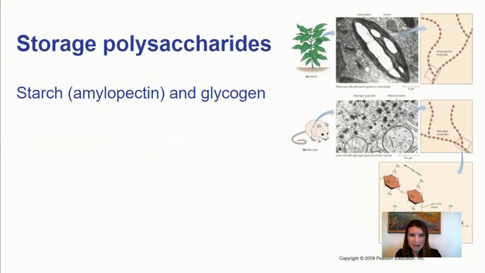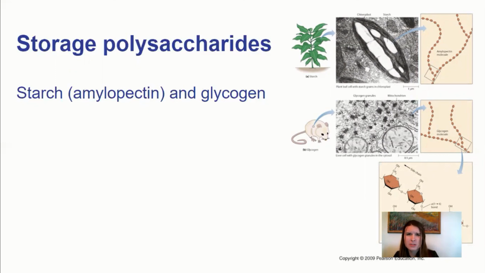So polysaccharides are going to be used partially for storage. So I said it's for short-term energy, and that's true, but sometimes we don't want to use glucose, for example, immediately, like right that minute. Sometimes we might want it, say, an hour later. That still counts as short-term. So we're going to have some storage polysaccharides like starch, which I'm sure you've seen in foods, right?